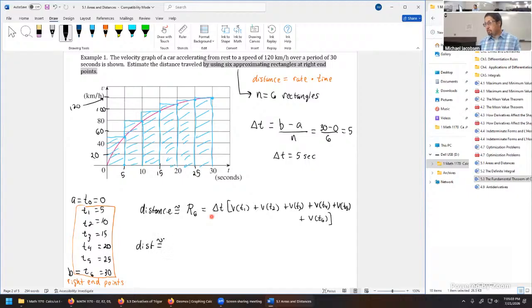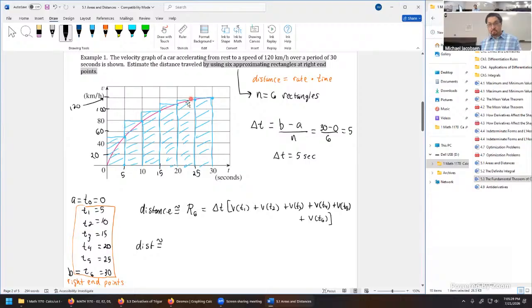That means the distance will be approximately equal to, well, all this comes out as we plug in the value for delta t, 5 seconds. We're going to need a unit change. We're going to grab values from the graph and drop them inside here, and we could probably do that in 5 minutes, but I think that's kind of racing through it. Sorry, I thought we were going to be able to finish this one before we got to the end of class. I guess it took a while to draw everything out.